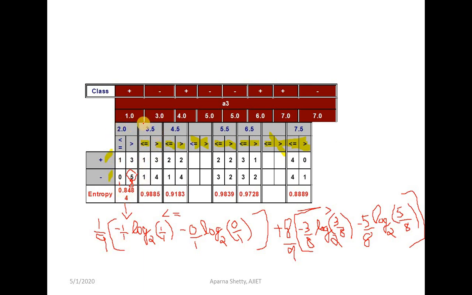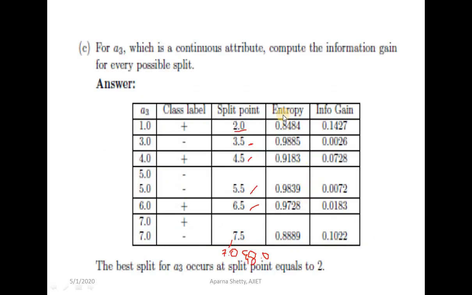Similarly, you have to calculate the entropy for split point 3.5, 4.5, 5.5, 6.5, and finally 7.5. Once you calculate the entropy, update this table. After you get the entropy, you have to calculate the information gain. We know the formula for calculating the information gain.